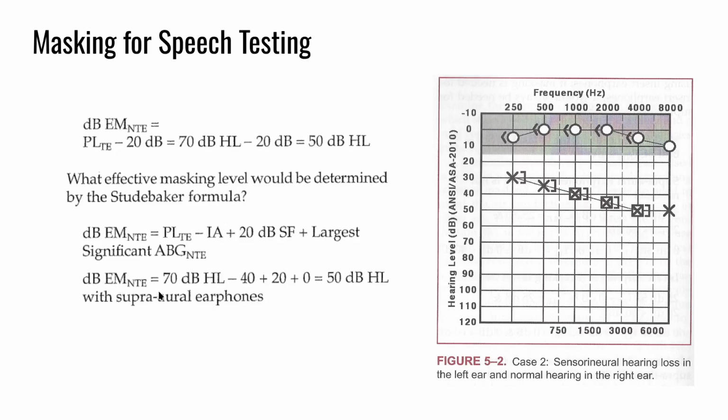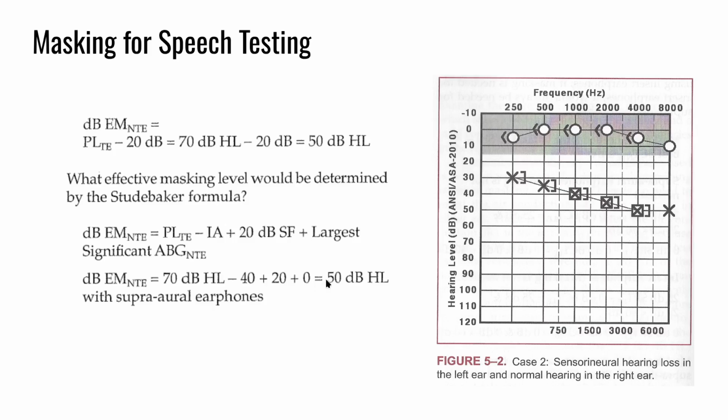So how does that break down? We can take the presentation level to the test ear, 70 dB HL, minus the interaural attenuation for supra-aural earphones, 40 dB, that equals 30, plus 20 for the safety factor, plus 0 for the air-bone gap, no significant air-bone gap.